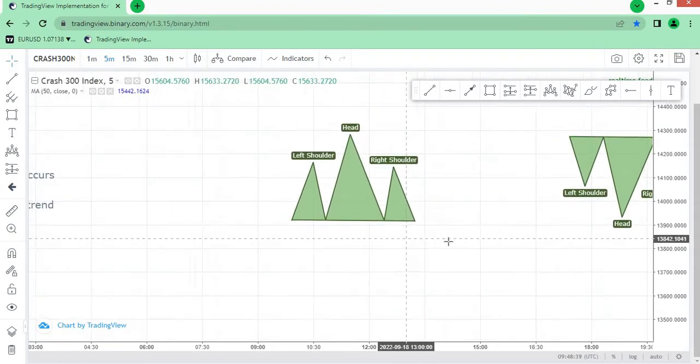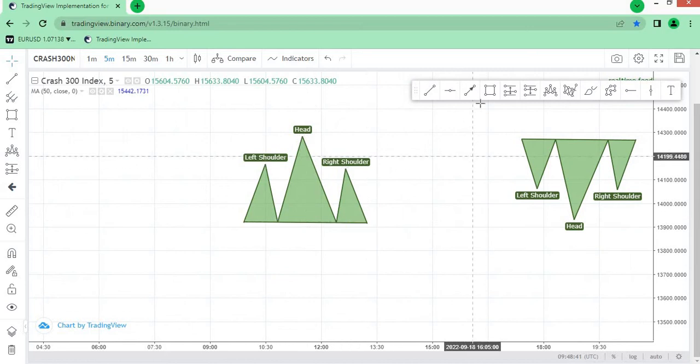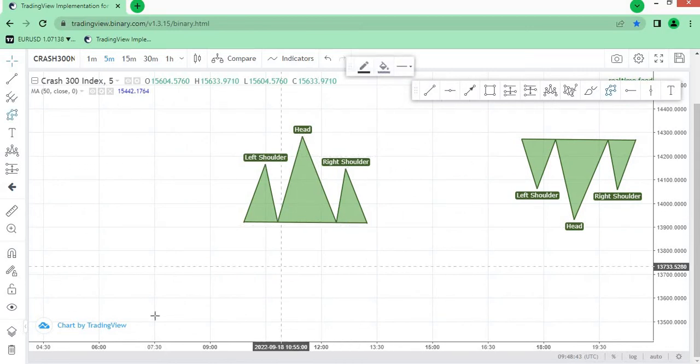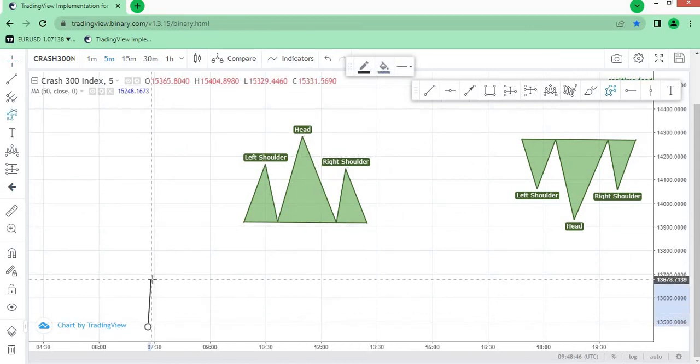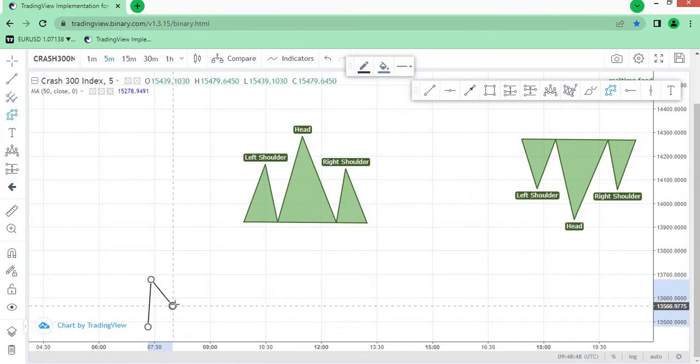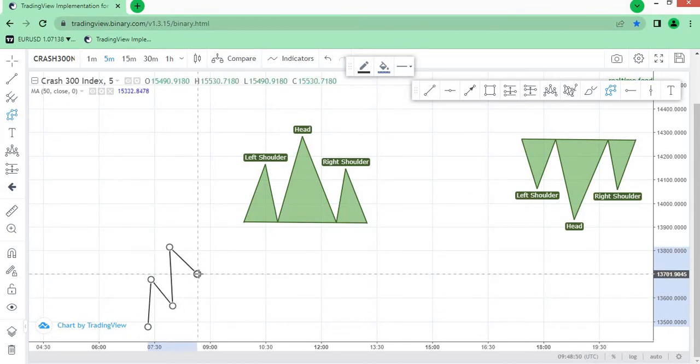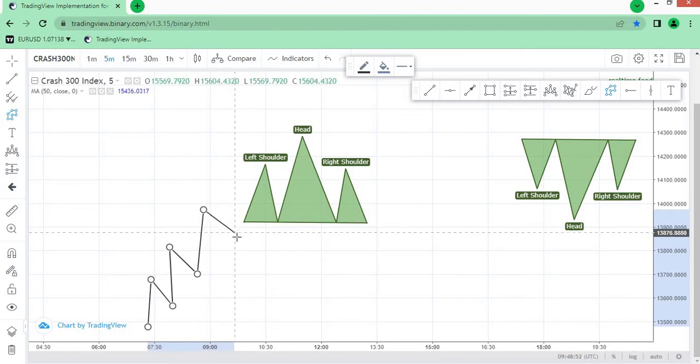Now let's say the market is trending up like this, guys, creating higher high, higher low, higher high, higher low, higher high, higher low. Now this is the first left shoulder, guys.